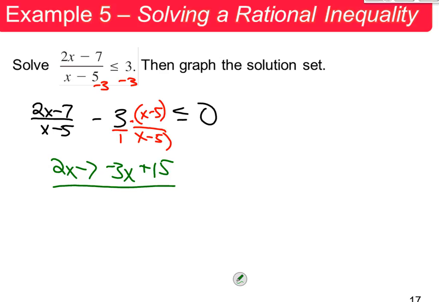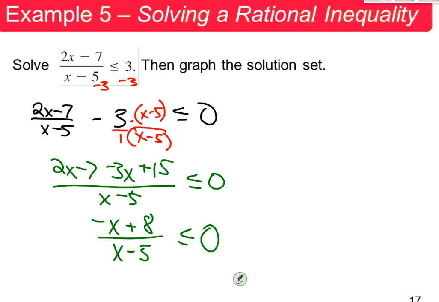And then all over the x minus 5, and I forgot a parenthesis there. This is still less than or equal to 0. Now I'll combine like terms, so I get negative x plus 8 over x minus 5 less than or equal to 0.